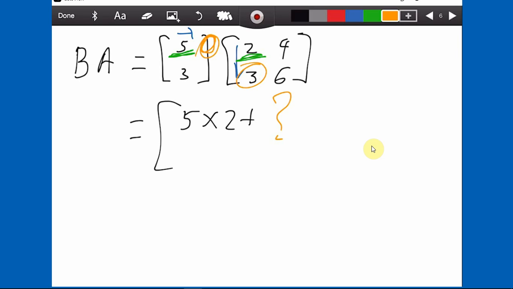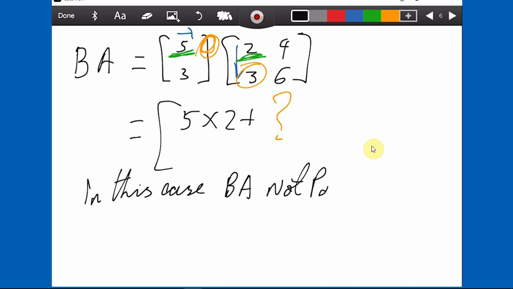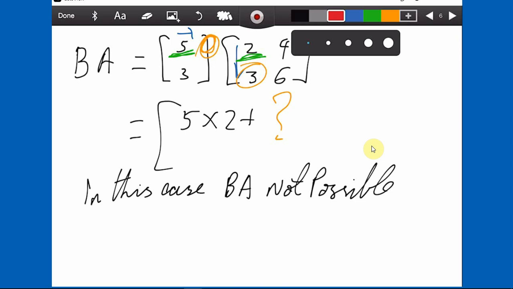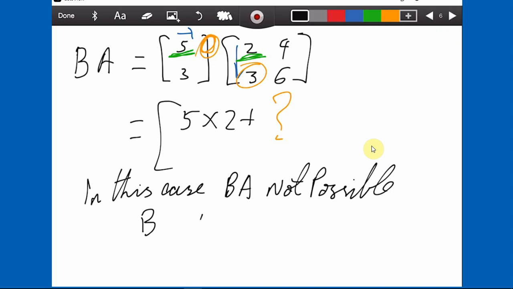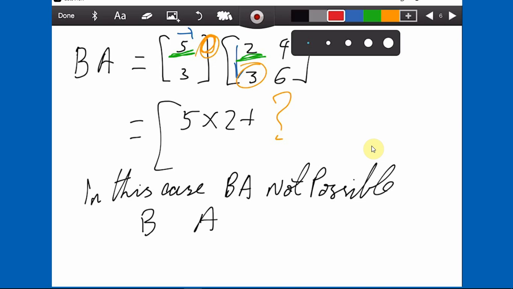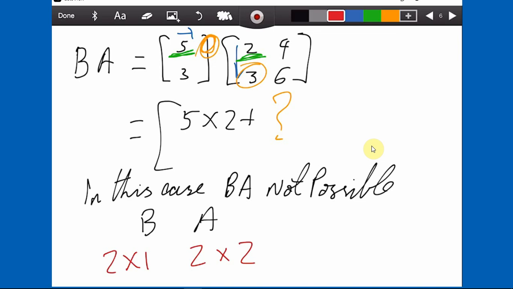So we don't know what we're doing here. All right, so in this case, BA, not possible. Now, let's have a look. B and A, and so looking at the dimensions, B is a 2 by 1, and A is a 2 by 2.